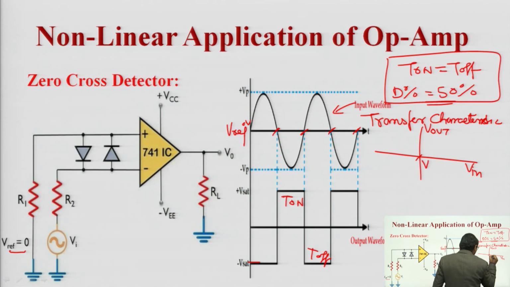This is the V reference, which will be 0. If V in is less than V reference, the output is minus V sat.